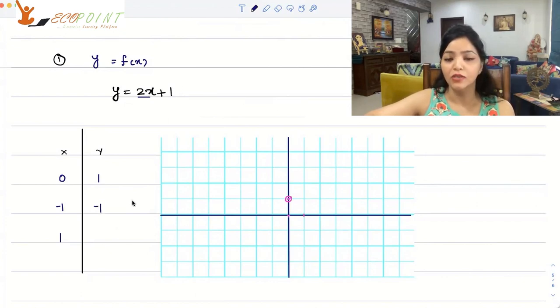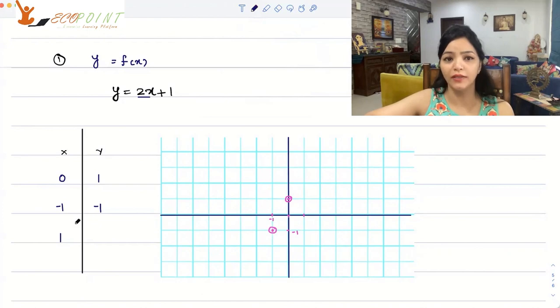So when x is equal to -1, y also turns out to be -1. Where do you think this point would lie? If we take this distance as 1 unit, then this is -1 for x, and this is -1 for y. So we're talking about this point here.